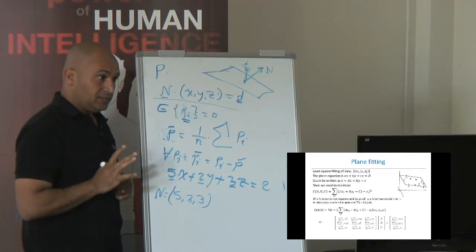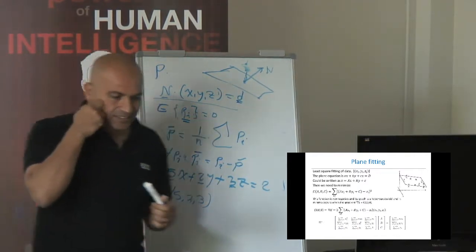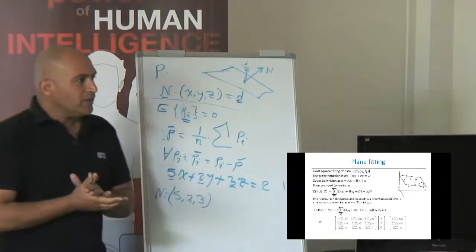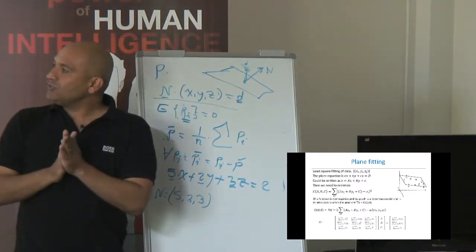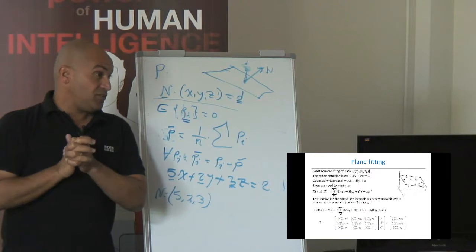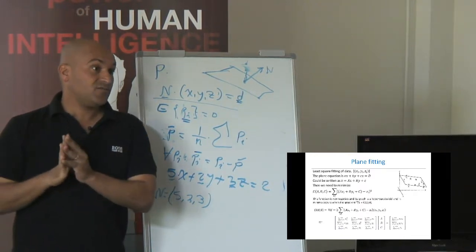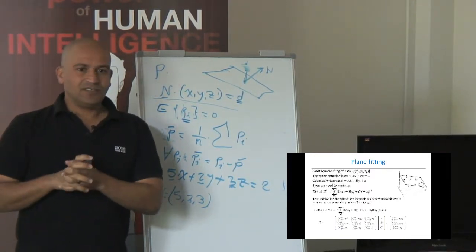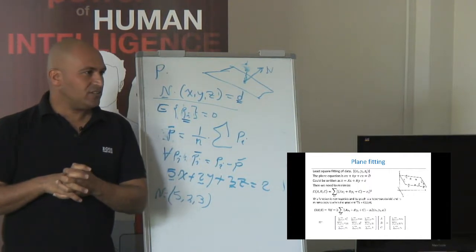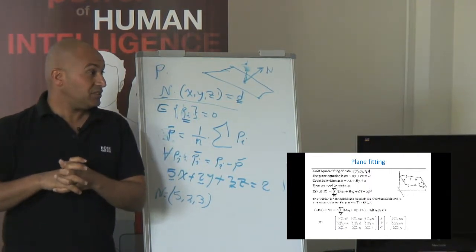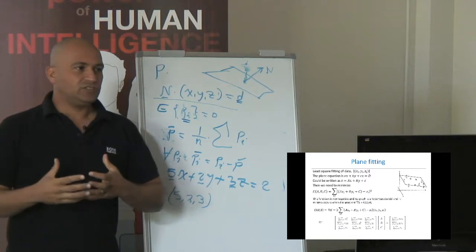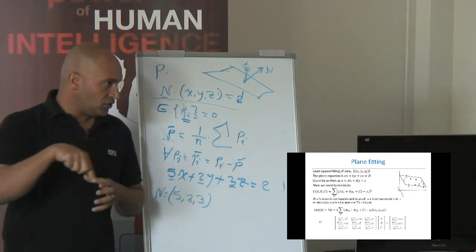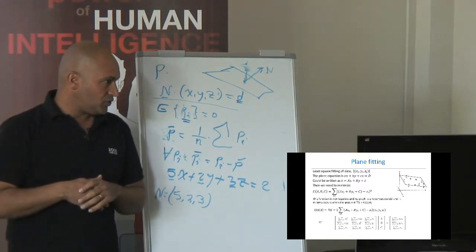Is that clear? So this technique is also pretty easy to do. It's much more accurate than the previous one. The previous one is quite hard to get right. It's simple, but I won't recommend using the first approach for computing the normal of a point.